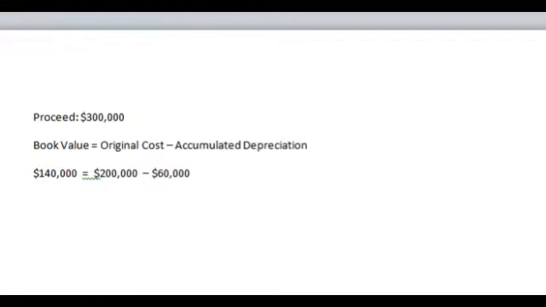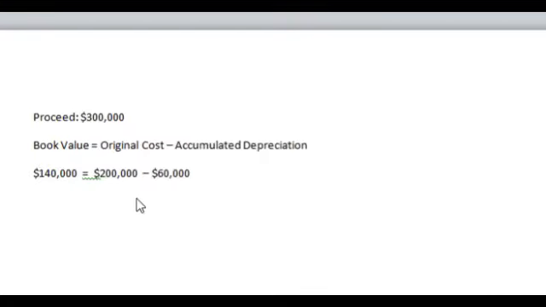So how do we calculate gain or loss? Gain or loss is calculated by proceeds minus book value. So proceeds is the amount that you are receiving. So for example, if you're receiving $300,000 fair value, and your equipment that you're giving up has a book value of 140, and how do we calculate the 140 book value?